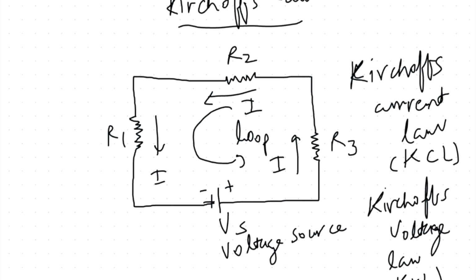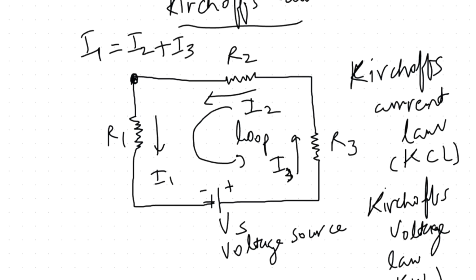So what this means is, for example, let's say we take this junction, right? Let's say this is I1, this is I2, and this is I3, right? Now, Kirchhoff's current law states that I1 will always be equal to I2 plus I3.